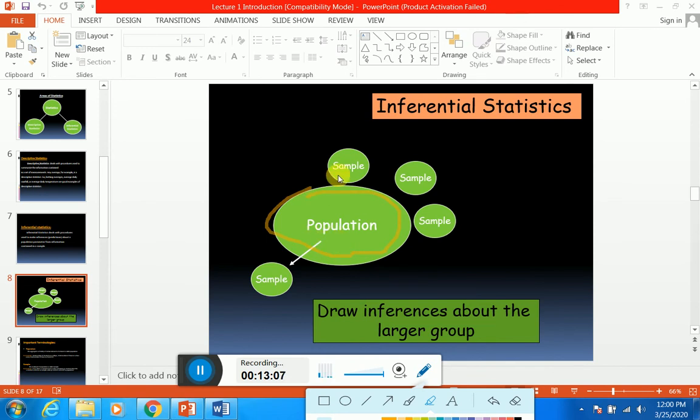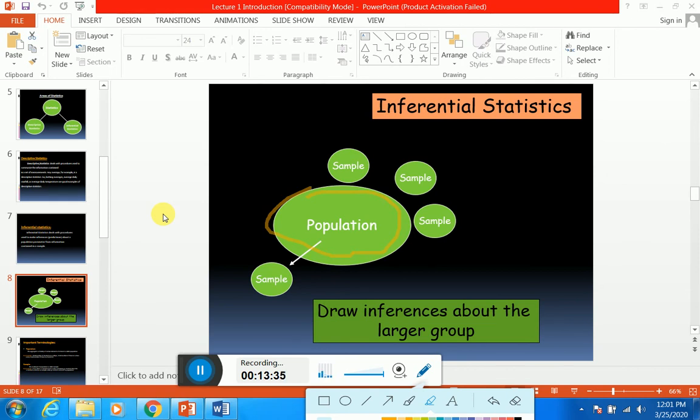Now these are the small parts which we have taken from your population data. When we study these small samples and overall make a conclusion upon these samples to the population data, such inferences about the large group or large population is simply known as inferential statistics. Hope the idea will be clear now.